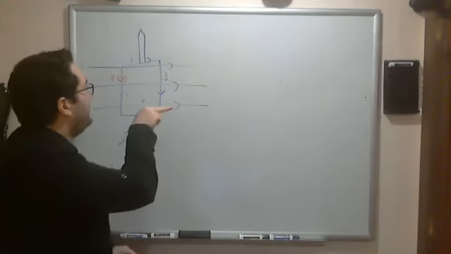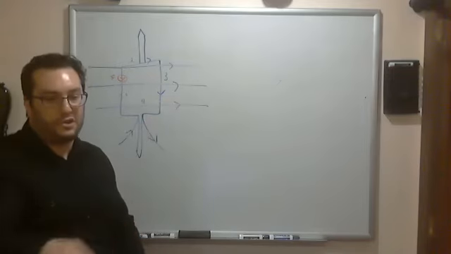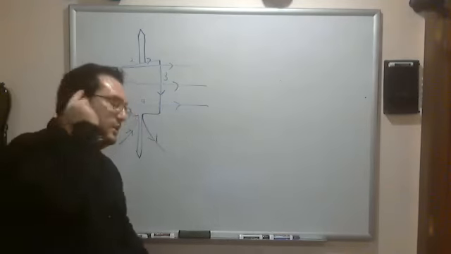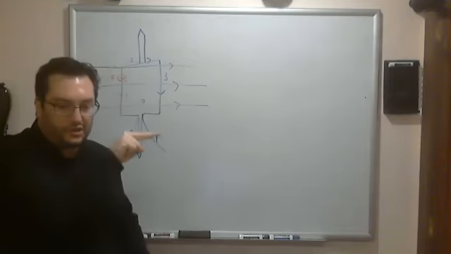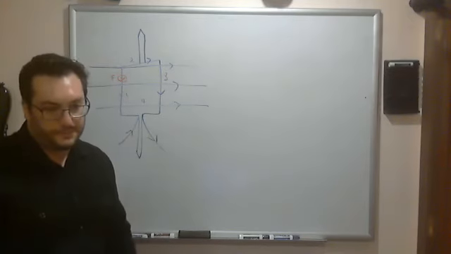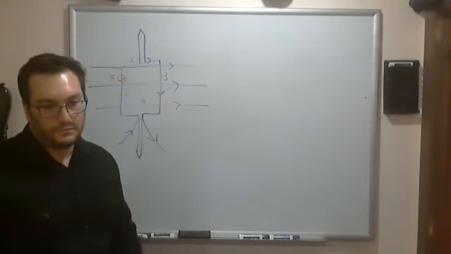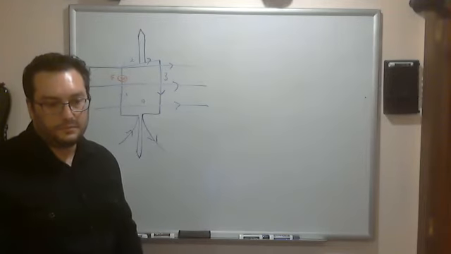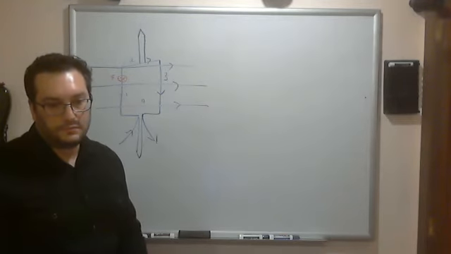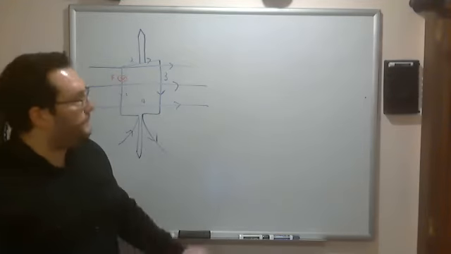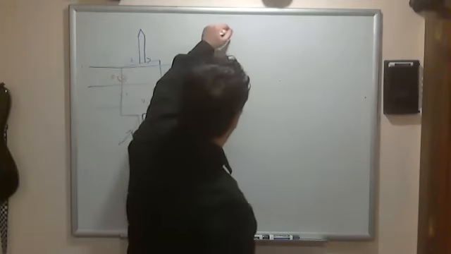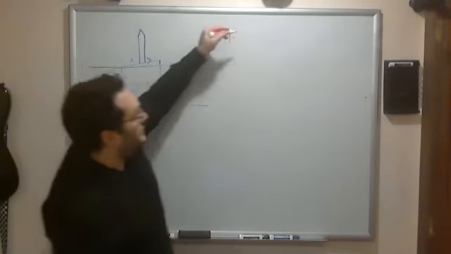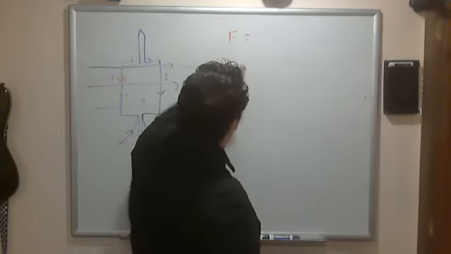If the magnetic field and the current are in the same direction, what does that mean about the force? Anybody? So let's look at it. If you can intuitively think of it, let's go back to your equations, right?